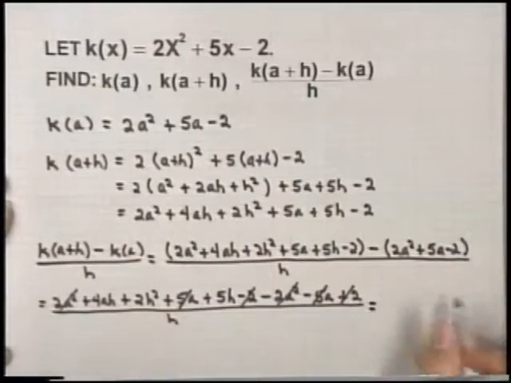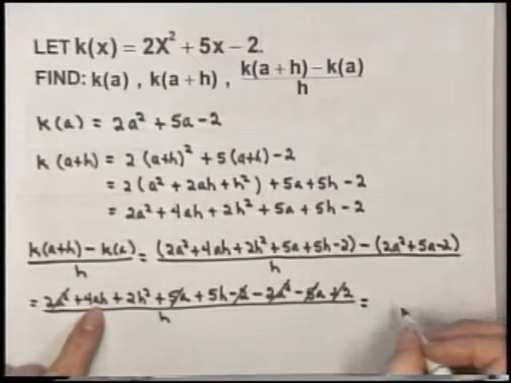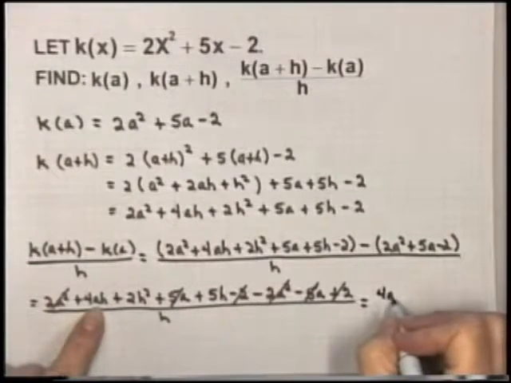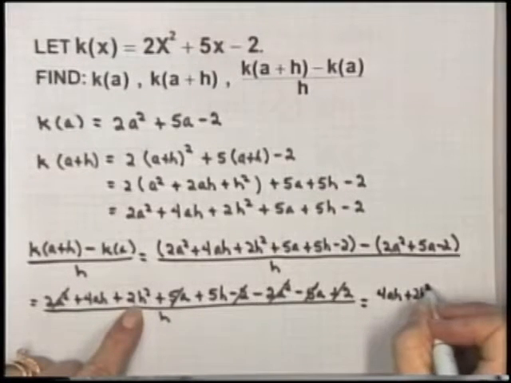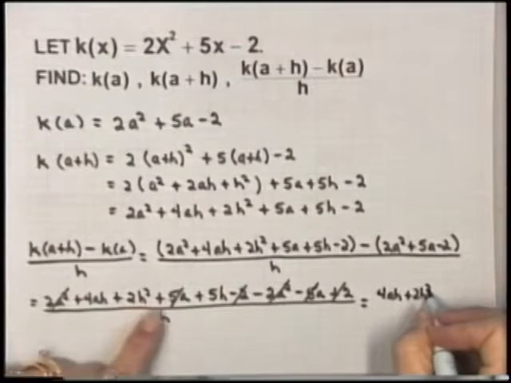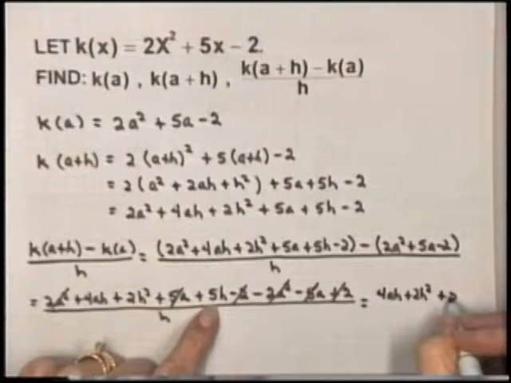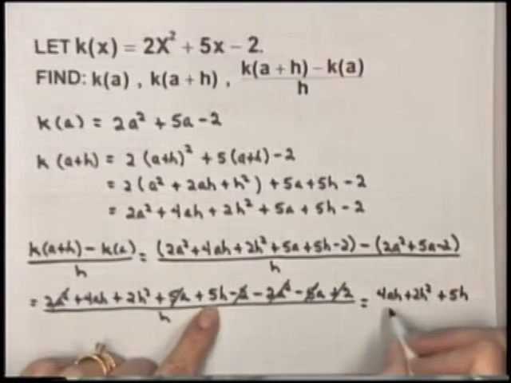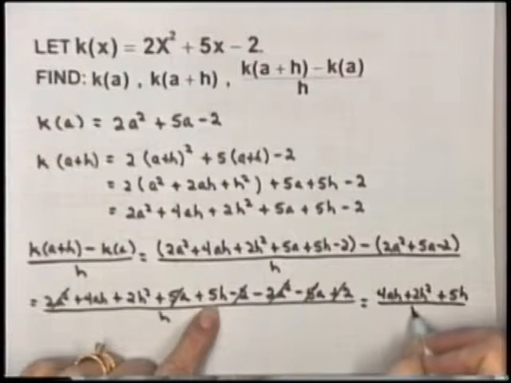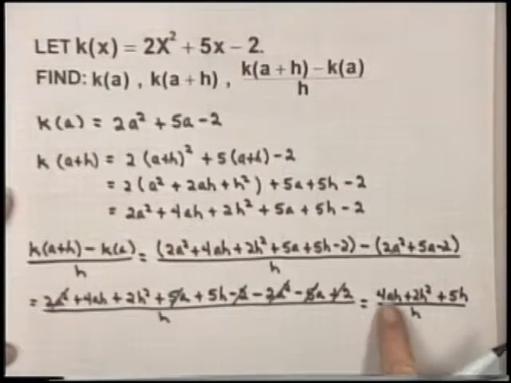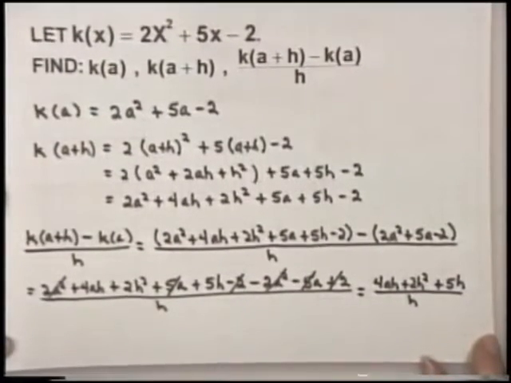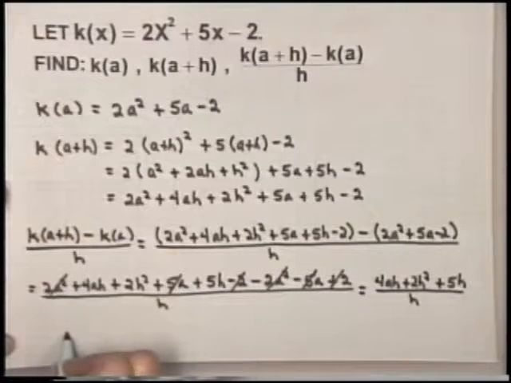Let's write down what we have left. I have a 4ah plus 2h squared and a plus 5h all divided by h. I want you to notice that in this numerator I have a common factor of h. So let's factor that out.